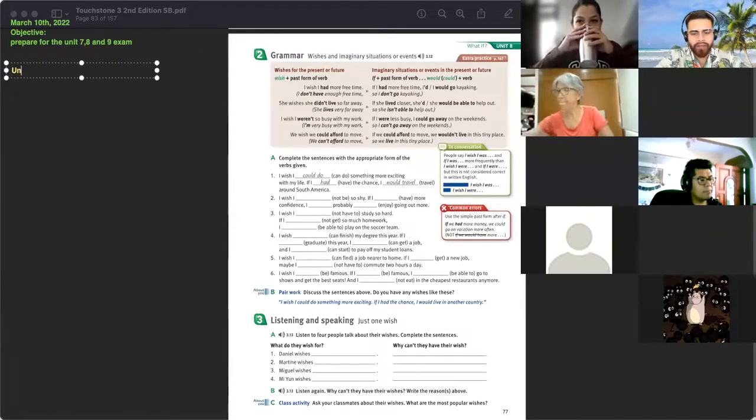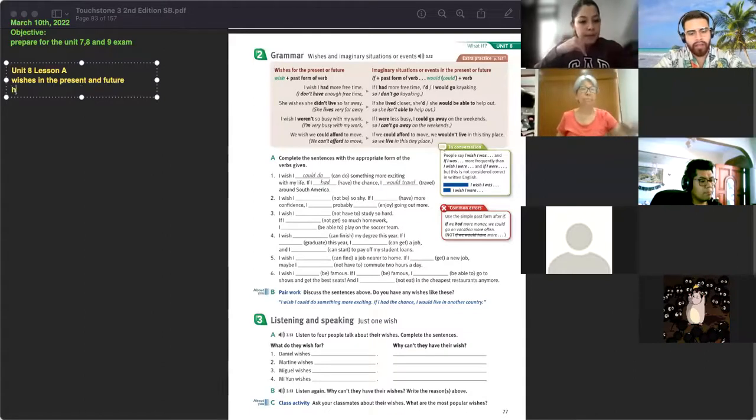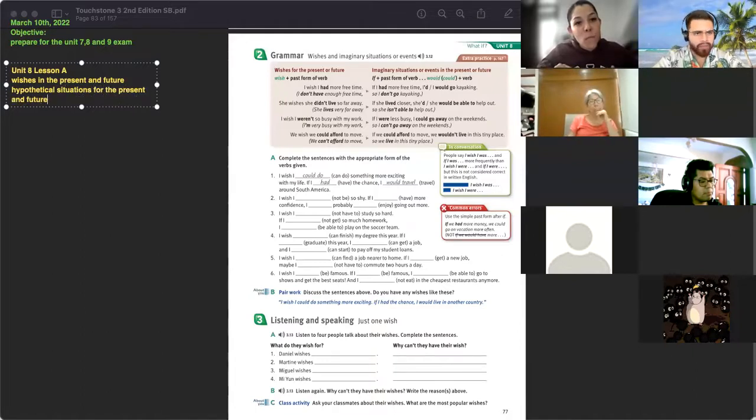All right. So in Unit 8, lesson A, we talked about wishes in the present and future, and hypothetical situations for the present and future. It was a kind of a tough lesson for a lot of us.